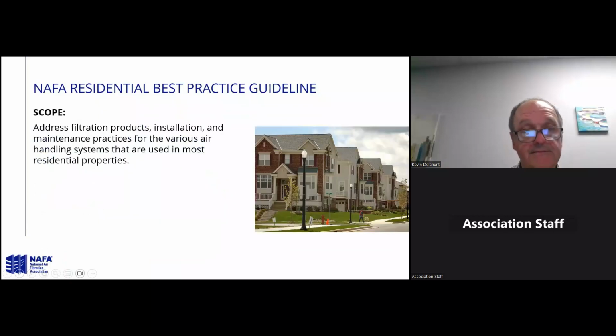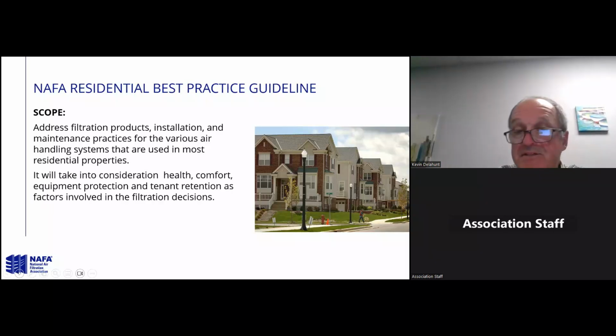All right. In the scope of this, we'll address filtration products, installation, and maintenance practice for the various air handling systems that are used in most residential properties. It will take into consideration health, comfort, equipment protection, tenant retention, and factors involved in the filtration decisions.